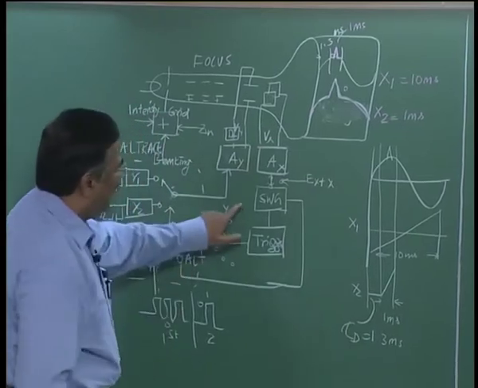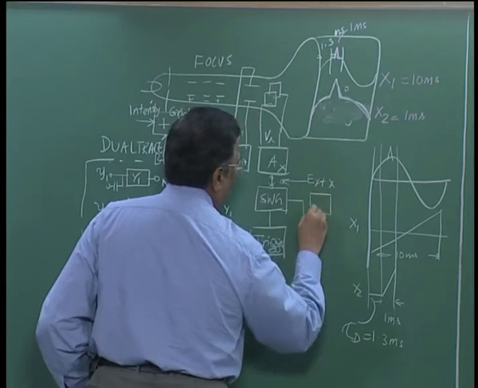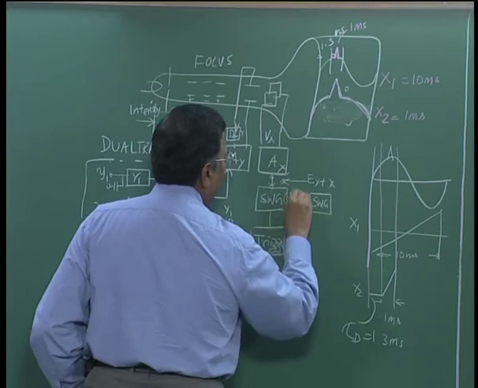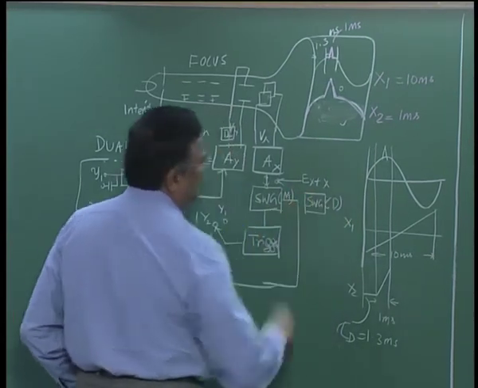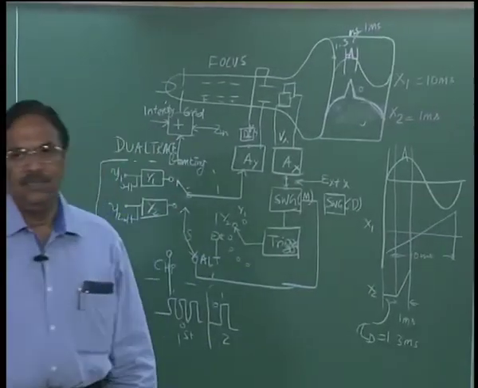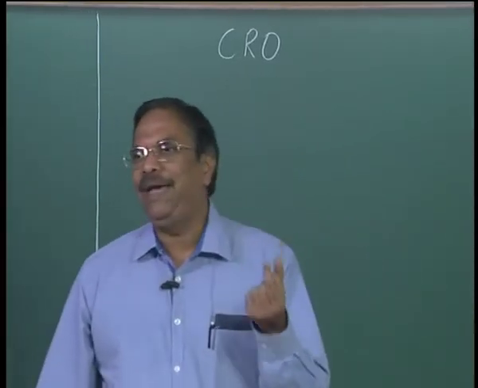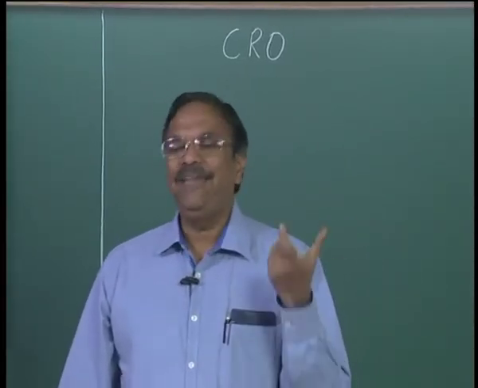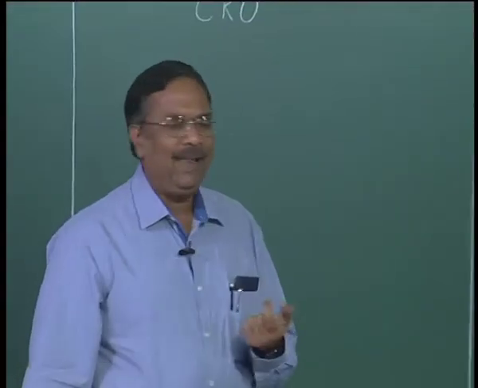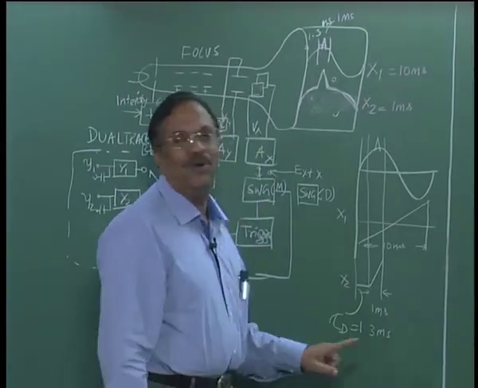So I have two sawtooth wave generators. I call this the main and I call this the delayed sawtooth wave generator. The second sawtooth x2 not only has a time period much smaller than the main sawtooth, main is 10 millisecond, the delayed is 1 millisecond, and the starting of the sawtooth is delayed by 1.3 millisecond.